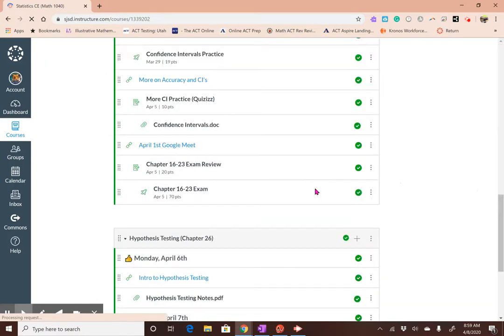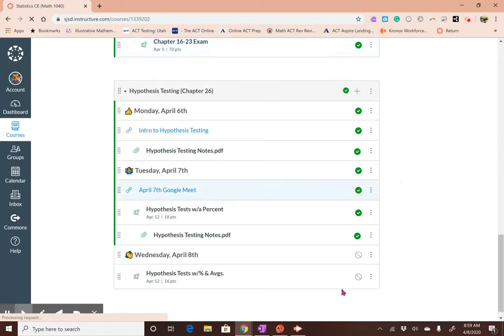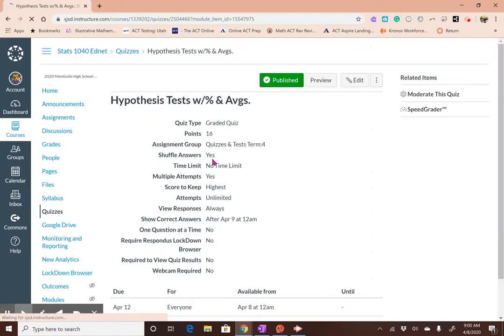I'm publishing these now. Okay, hypothesis test with percents and averages. That's your practice today. You can take it as many times as you need.